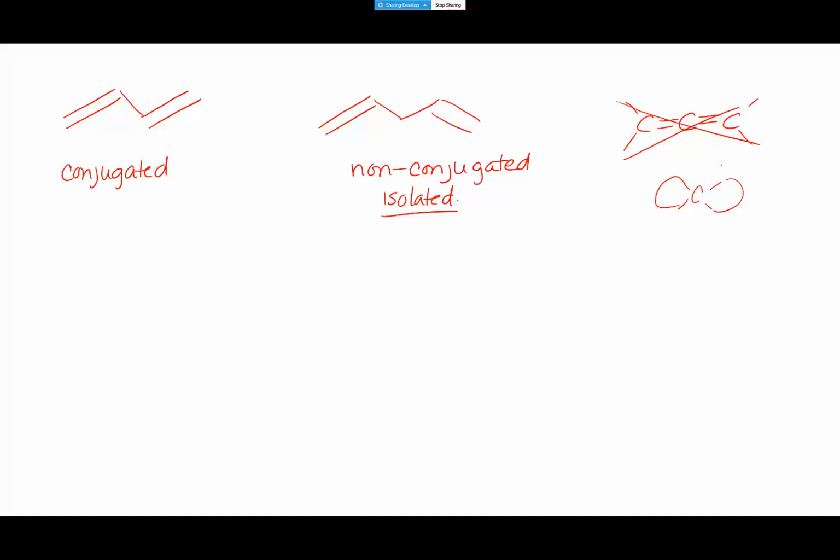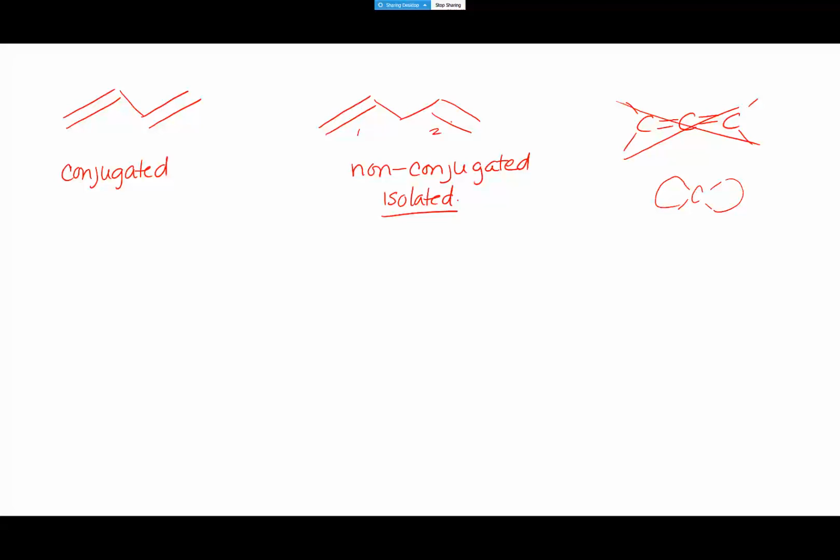So we're going to do conjugated and non-conjugated, which is also called isolated. The easy thing about isolated double bonds is they react independently of each other. So I can do all the reactions that I did before on double bonds on an isolated system, and all I have to do is remember Markovnikov, anti-Markovnikov, and since I have two double bonds here, I can react two equivalents of stuff.